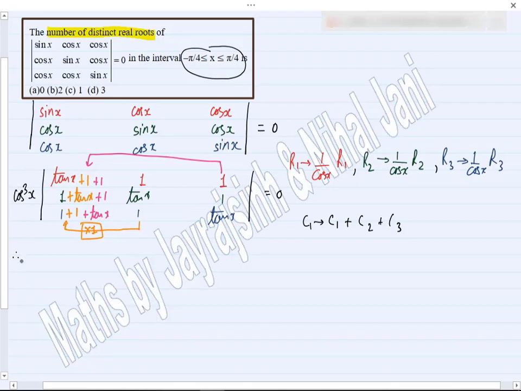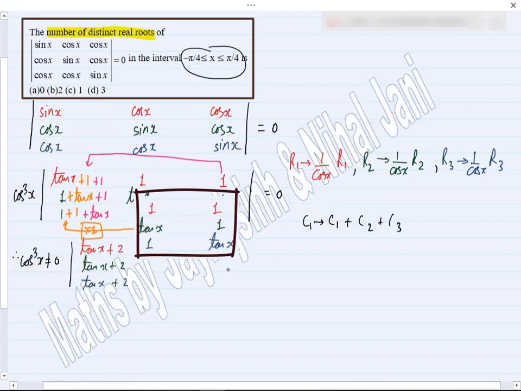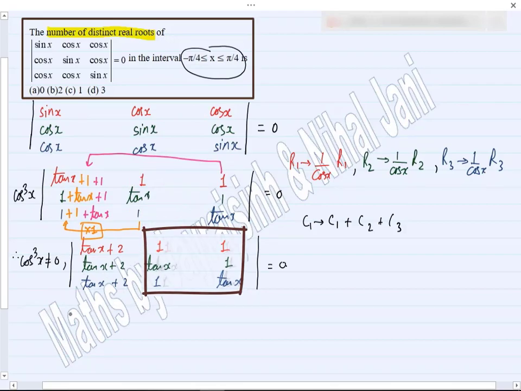Okay. Now cos cube x is not equal to 0, so we can divide by it, and our first column of the modified determinant will be tan x plus 2. Same factors we will get in the rest of the elements of the first column, and the rest of the columns will be as they are, right?